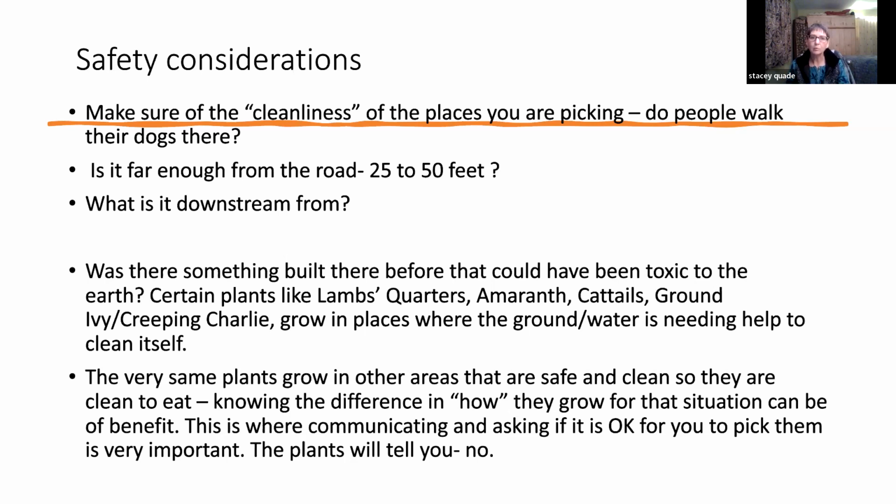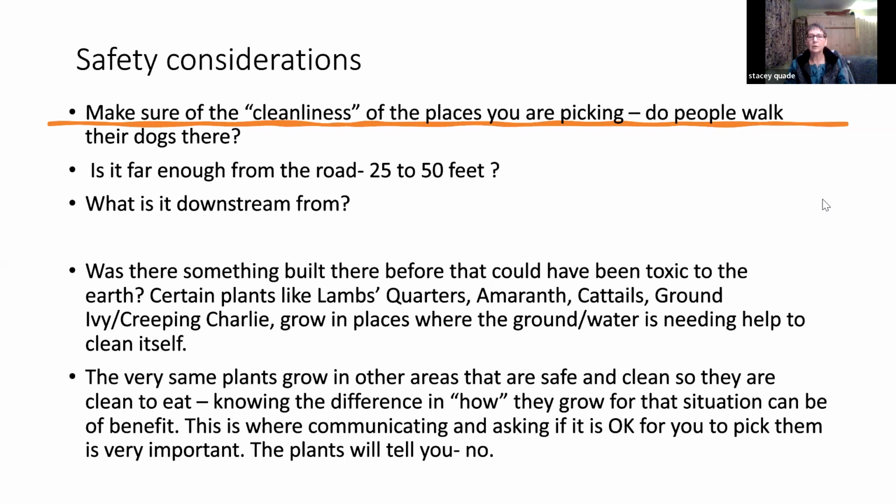Downstream is important. We're all downstream from something. So, is there road runoff? Are you far enough away from salt and exhaust and toxic things that are getting tossed out into the woods near the edges of the road? We like to say 25 to 50 feet.